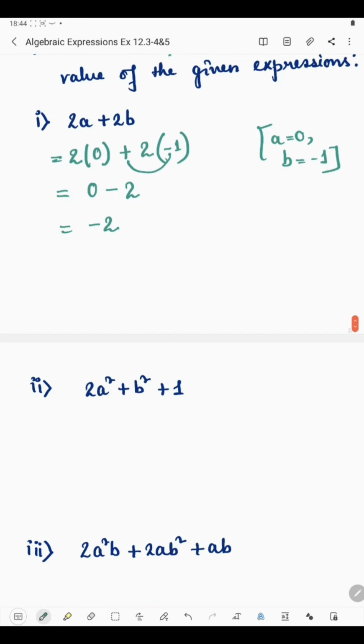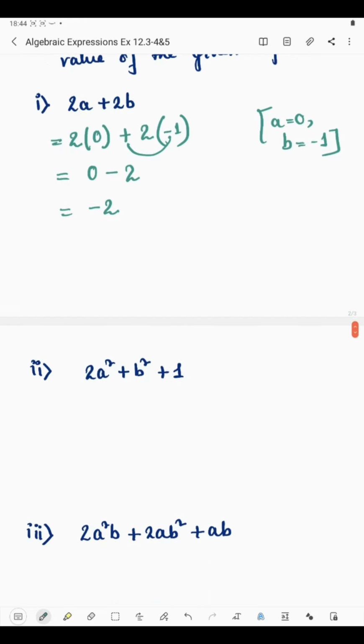Now in the second part we have 2a square plus b square plus 1. So 2 into a, which is 0, square, plus b, which is minus 1, square, and plus 1 will remain as it is.